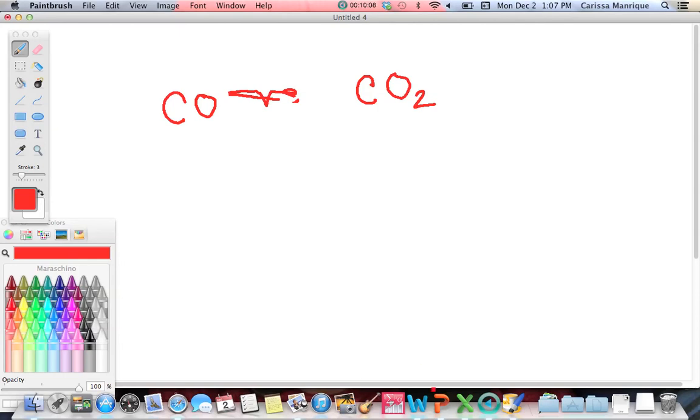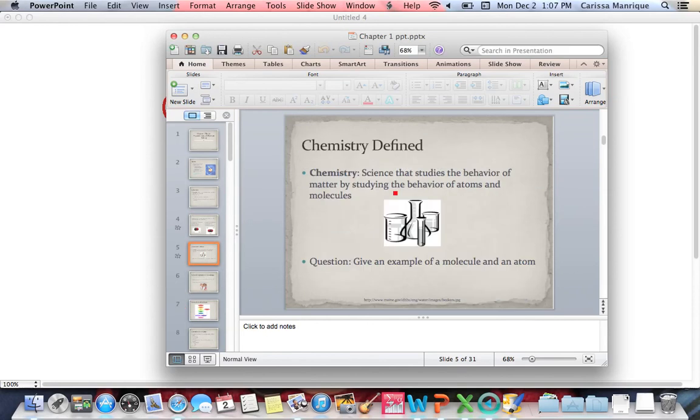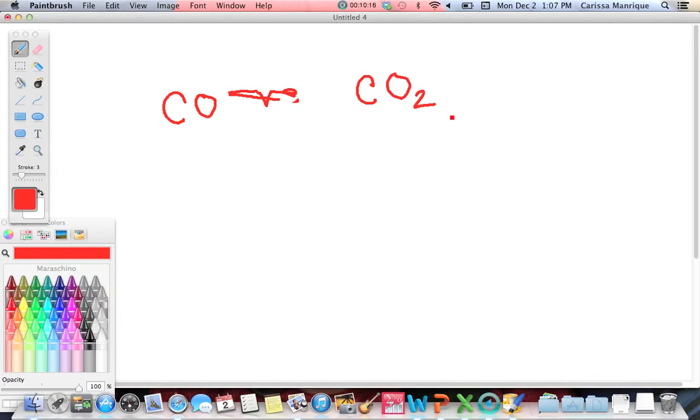All right, let's go to the next slide, and this is really what defines chemistry. Basically, in chemistry, we're looking at different ways to combine atoms to make new molecules and compounds. We have the periodic table, and we're trying to find what unique combination of those elements or atoms we can make to create a new molecule.